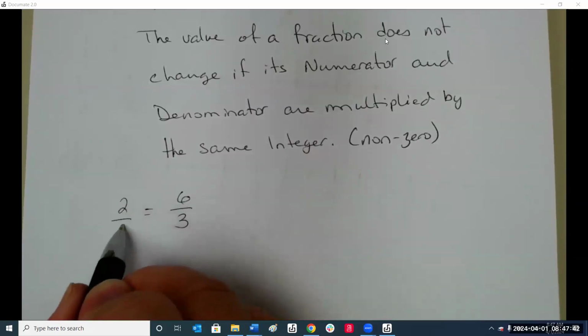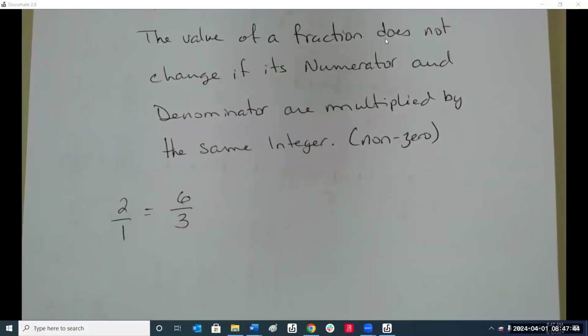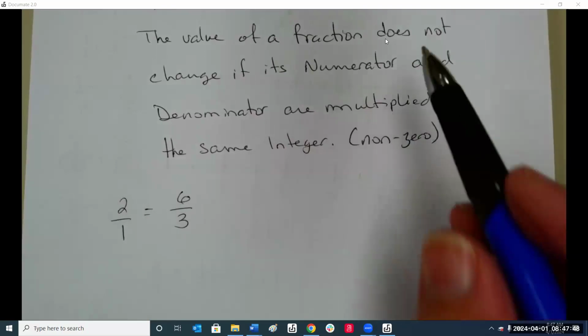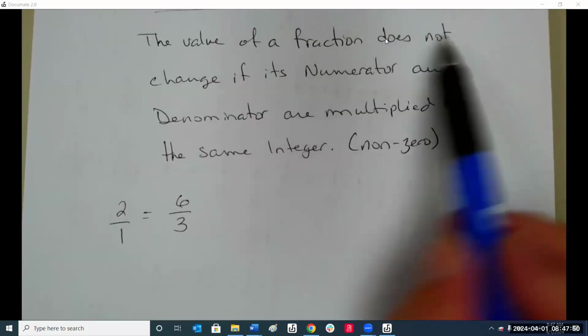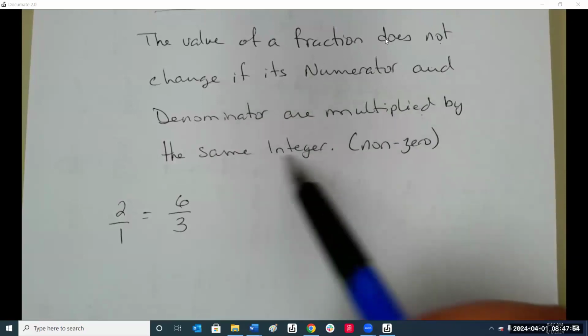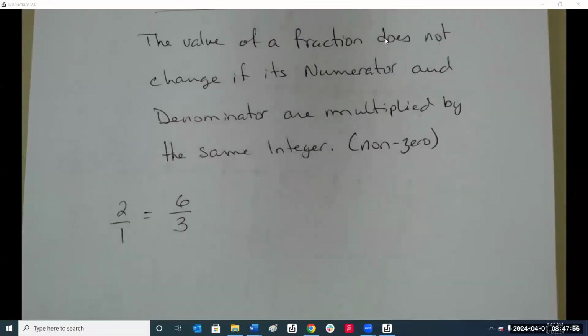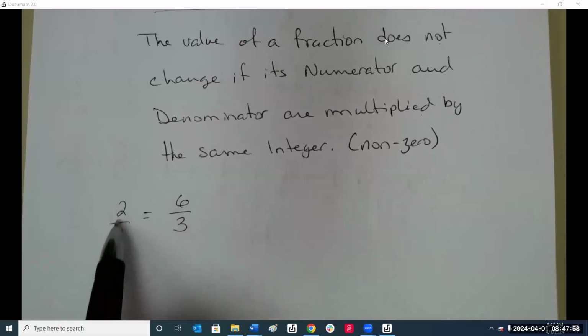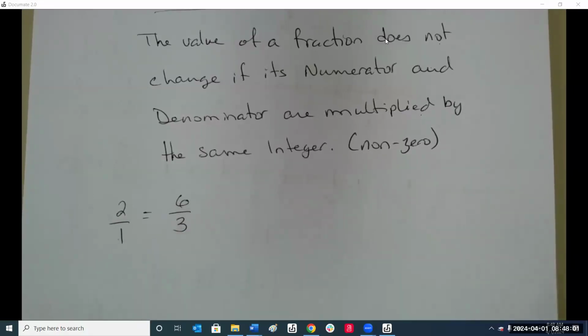Which is 2/1. So as it says, the value of a fraction does not change if its numerator and denominator are multiplied by the same non-zero integer. 2/1 is the same thing as 6/3.